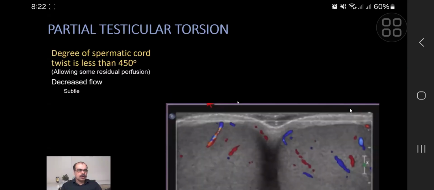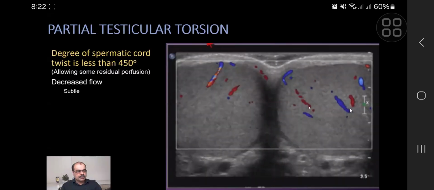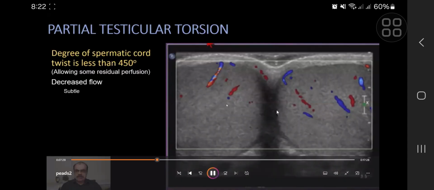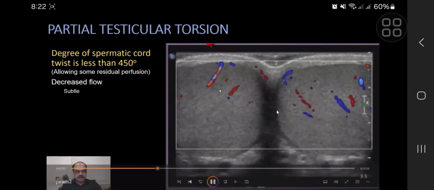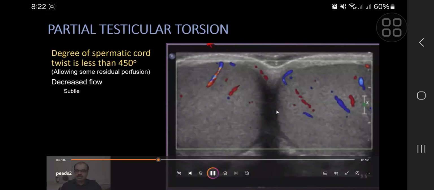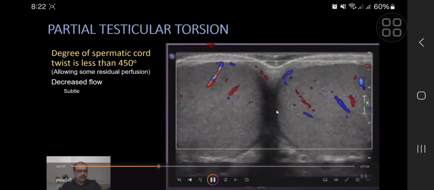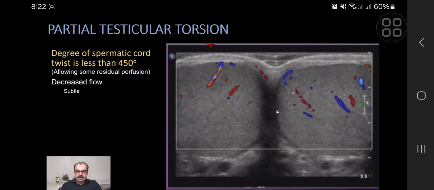But on Doppler imaging, when compared side by side, you will see reduced flow on the symptomatic side. It would not be an absent flow, but it's going to be a relatively reduced flow.